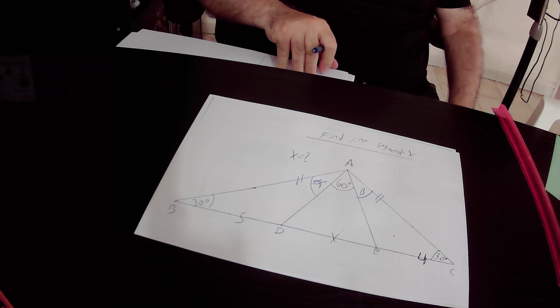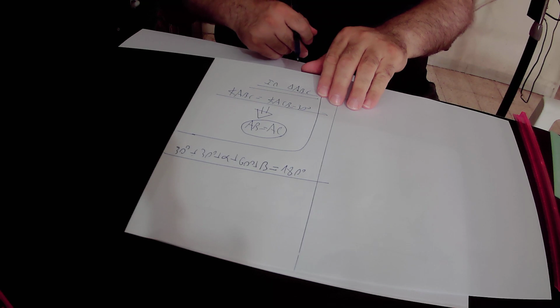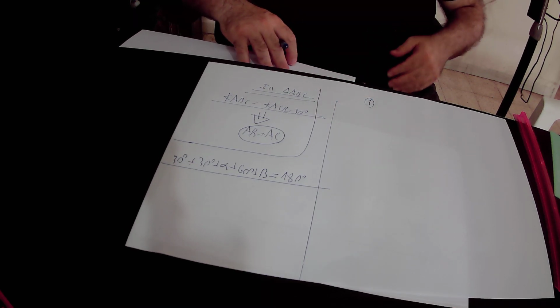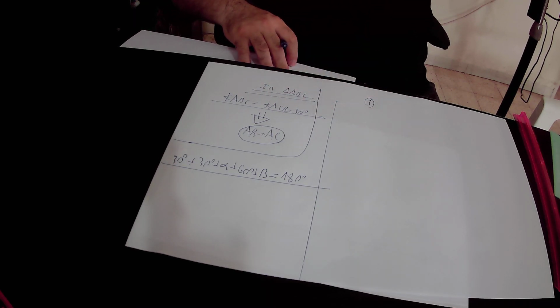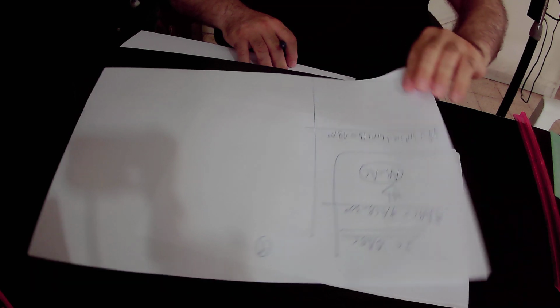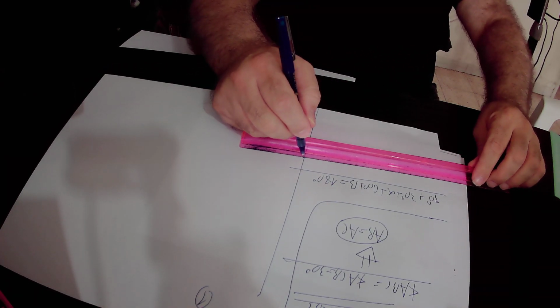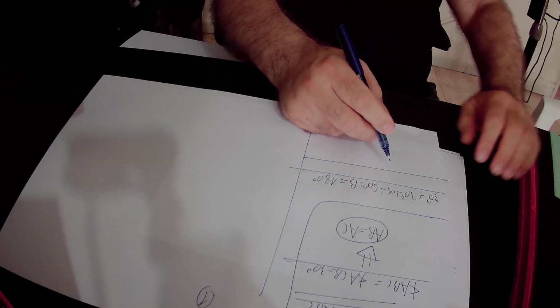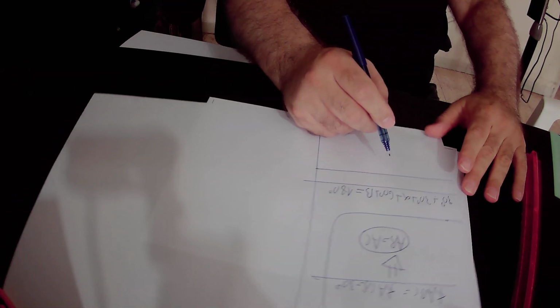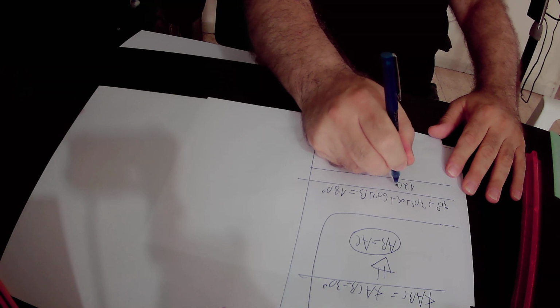So this equation states that the sum of the angles in triangle ABC is equal to 180 degrees. Here, 30 degrees plus 30 degrees is 60 degrees, and 60 degrees plus 60 degrees is 120 degrees.